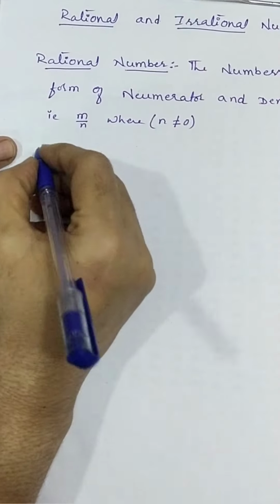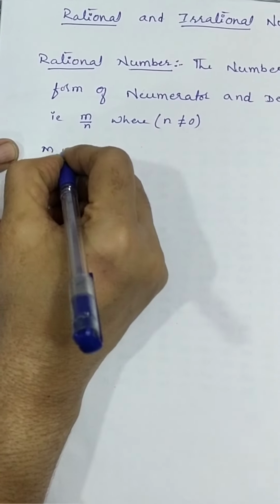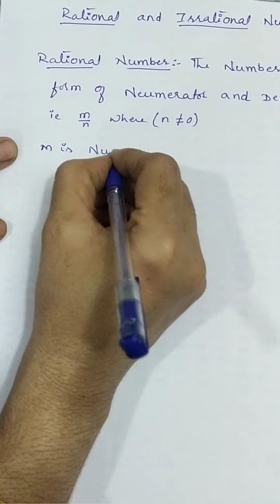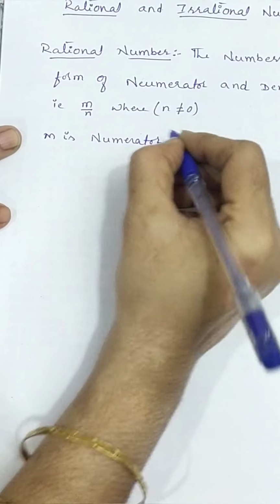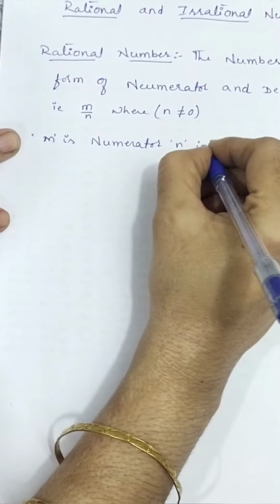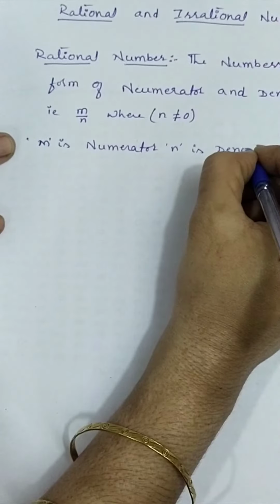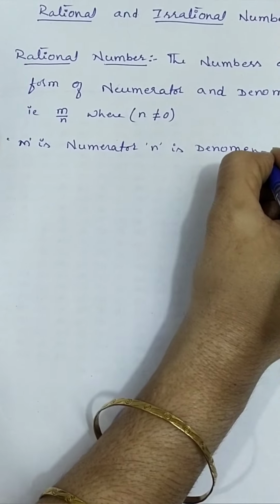So here m is the numerator, n is the denominator.